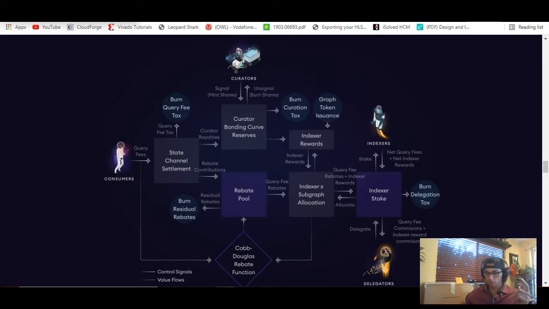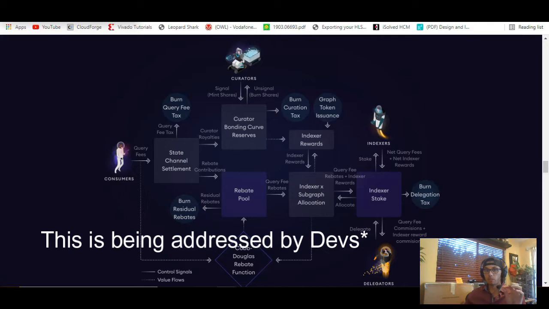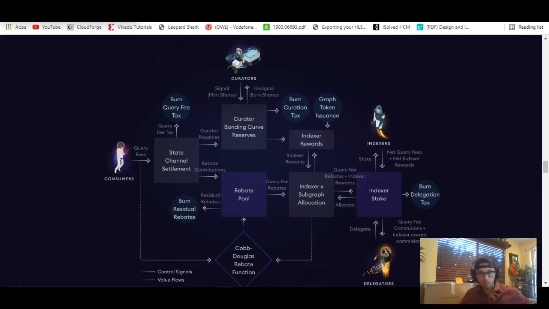One of the downsides is that there's a curation tax to curate on a version of the subgraph, and when the version gets updated, I believe you have to pay the curation tax again. As I said, the curator will mint shares or signal on a bonding curve and will get a certain amount of shares based on how much they signal. And then the query fees come in as part of the indexer rewards. This is where the new GRT will be issued as well.